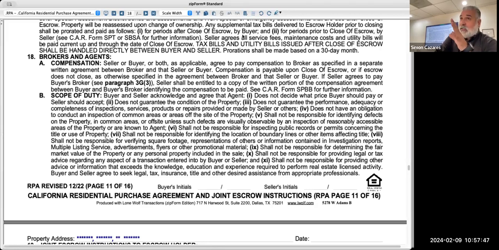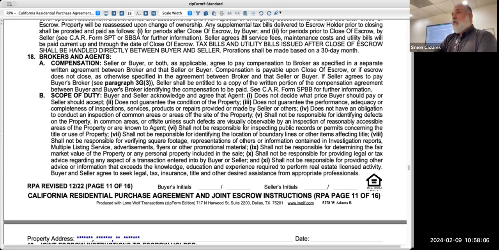Now, how that works is very unique, okay? First and foremost, if you do have an open pending escrow but you're opening escrow with a new party, it cannot be the same escrow company. That's a conflict of interest. You have to open escrow with a new one. And this is, again, hearing it from the attorneys.